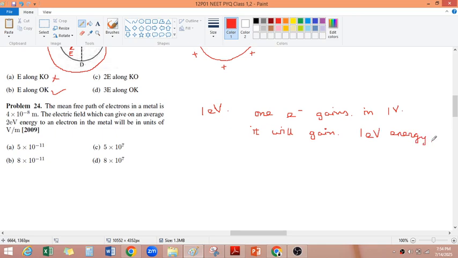So that's the meaning of this. The energy gained by an electron in 1 volt is what is called 1 electron volt. Mean free path of electrons, okay, the electric field which can give an average energy to an electron in the metal will be in the units of volt per meter.